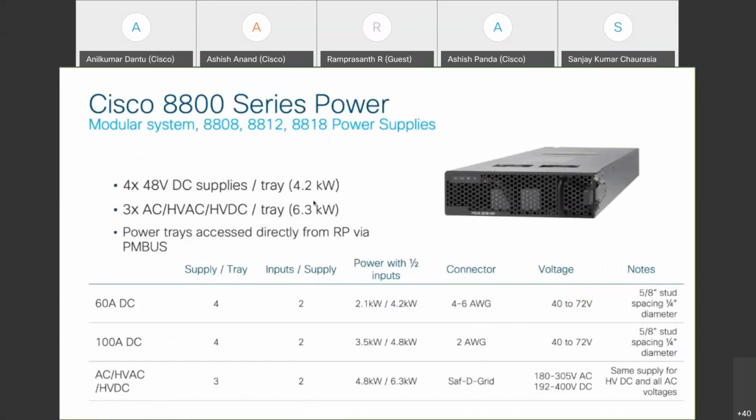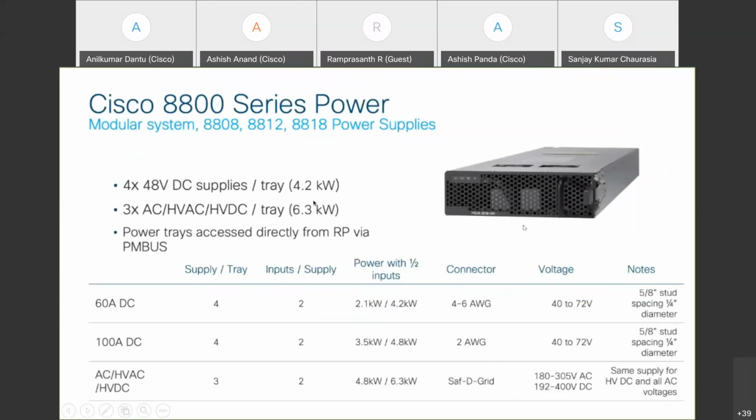When you insert both the power cords or both the input powers to the power module, it can provide you 6.3 kilowatt of power. That is one power module. But in case it is inserted with only one input source, then it will provide 4.2 kW. So that is the difference. You can have redundancy of input at the power module level itself.